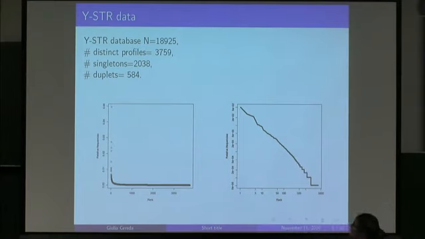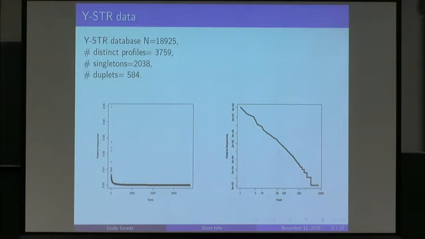You may see there are a few profiles that are kind of common in the database, and a lot of profiles that appear only once. And the log scale plot shows this nice behavior. So it's very likely that when you observe the next profile, it will be new. It will be adding one to this long list of singletons in your database.